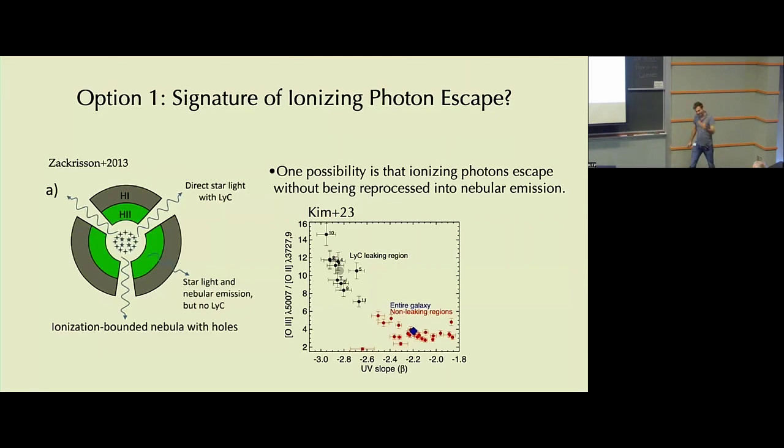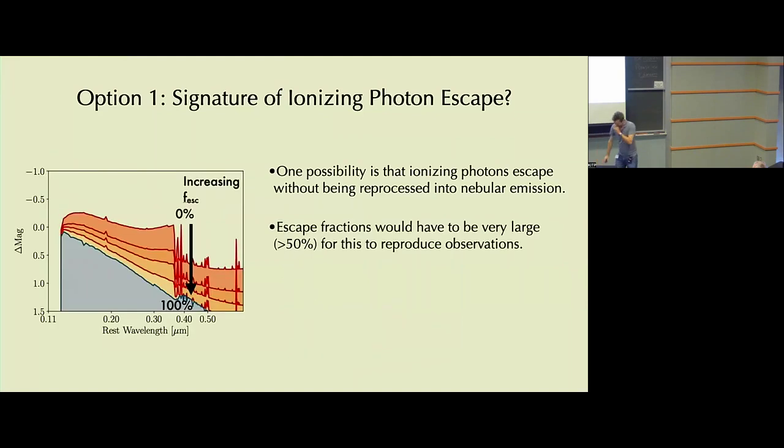So this is seen at lower redshifts in regions that have very high Lyman continuum escape fractions. But note, in order to really reproduce the very blue UV slopes that are being seen, you really do need extraordinarily large escape fractions, above 50%, to get rid of enough of this nebular continuum emission to do that.